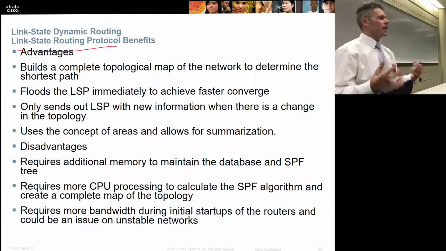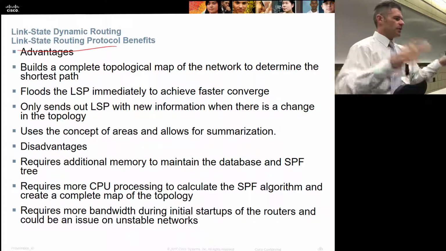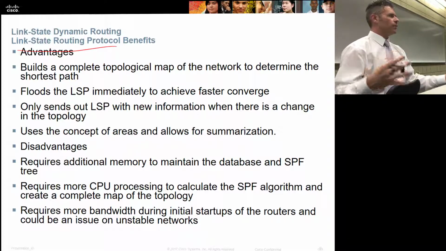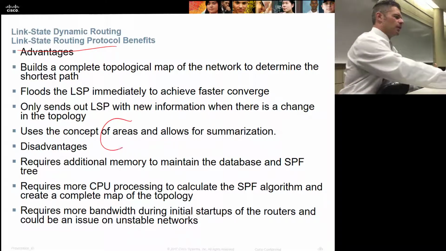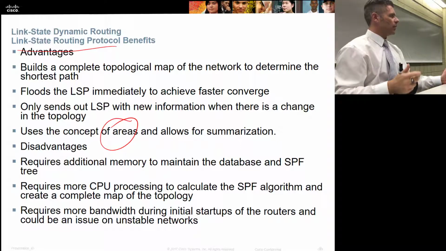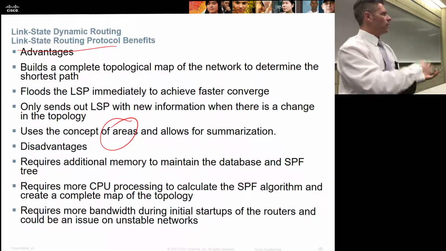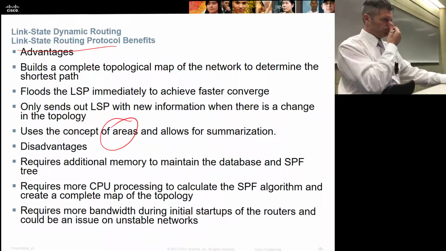There's going to be some overhead on any network with the network describing itself to itself, but these keep it down since they only tell you when something changes. And then they include concepts like areas and summarization. We'll look at areas as we get deeper into OSPF, setting one area or multiple areas and then summarizing the networks that are in there.